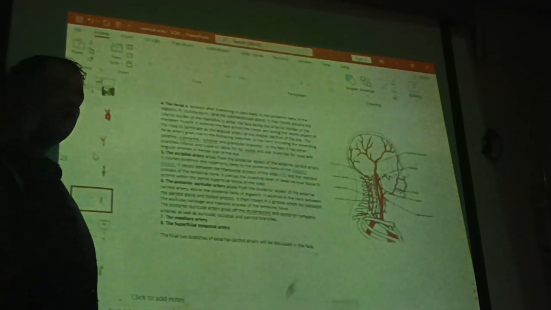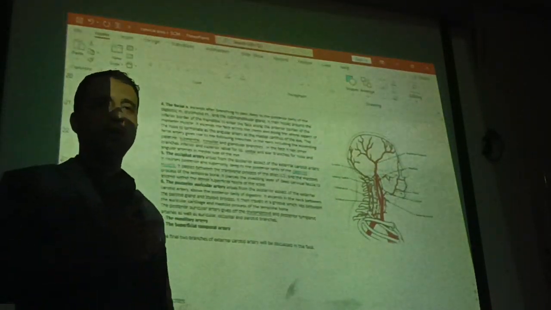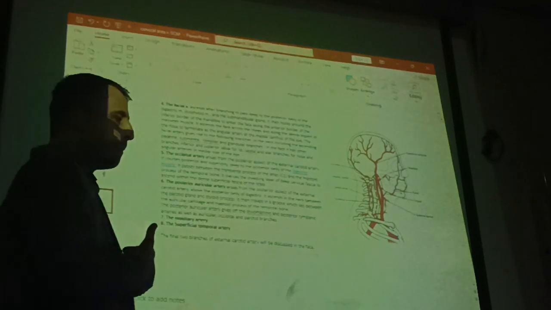It is the only branch which separates from the medial surface of the external carotid artery, and it is located in the lateral wall of the pharynx and supplies the pharynx, the salivary glands, and also the tonsils, like the palatine tonsil and the adenoid tonsil.